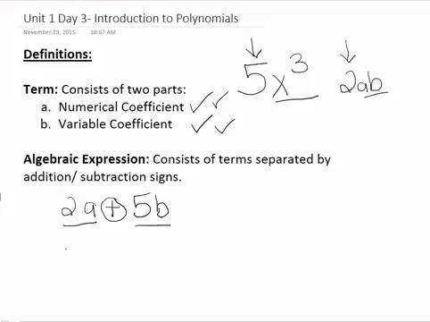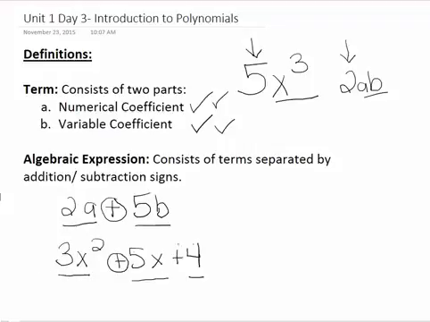Another example would be 3x squared plus 5x plus 4, because again we have 3 terms separated by two addition signs. I encourage you all to now pause the video and try to come up with your own 4-term expression.